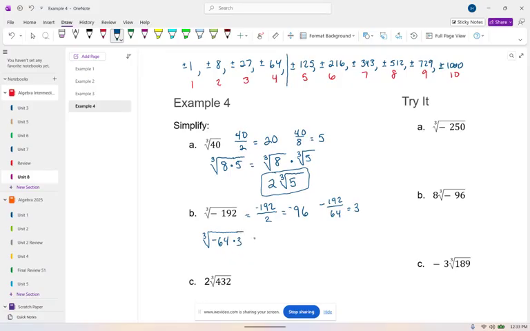For the cube root of negative 64, 64 is in the fourth position, and that negative needs to come out with it. So the cube root of negative 64 is negative 4. And then we have the cube root of 3.